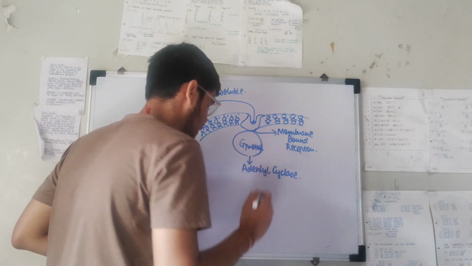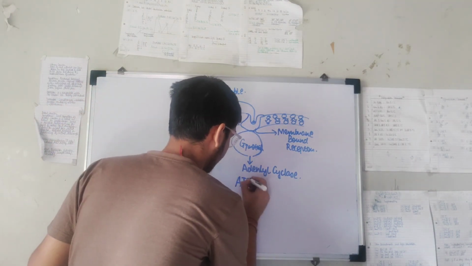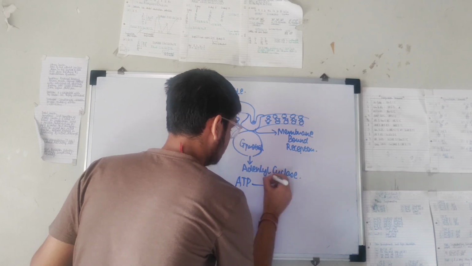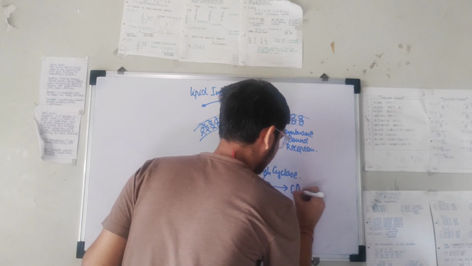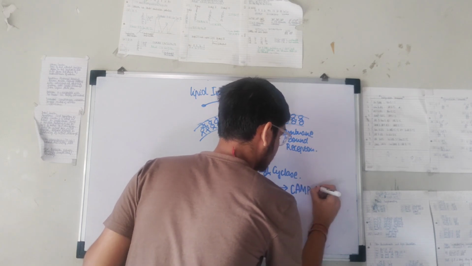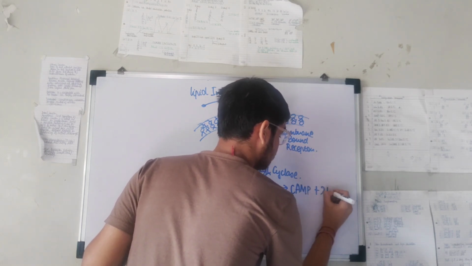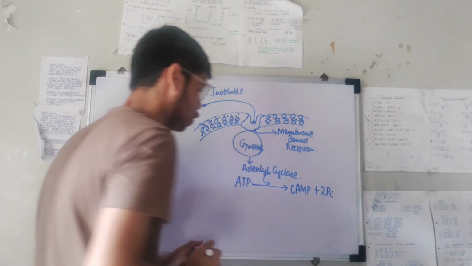This adenyl cyclase acts on the ATP and forms cyclic AMP plus 2 inorganic phosphates.